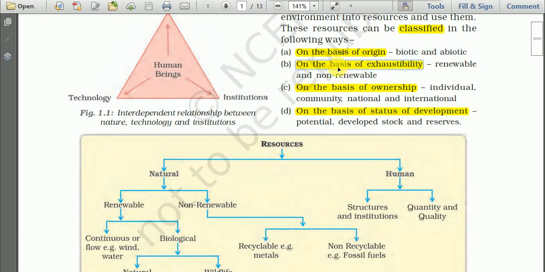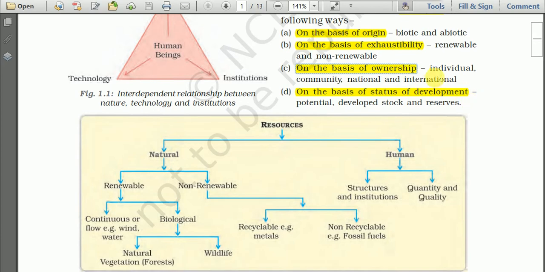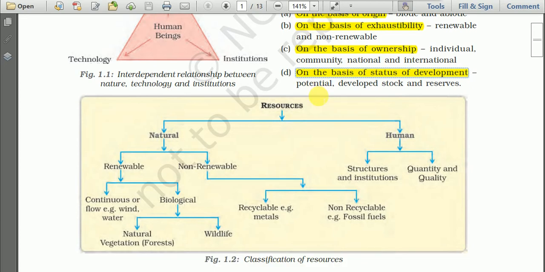Then on the basis of accessibility, we have two types, renewable and non-renewable. On the basis of ownership, we have four types: individual, community, national and international. And on the basis of status of development, we have again four types: potential, developed, stock, and reserves.